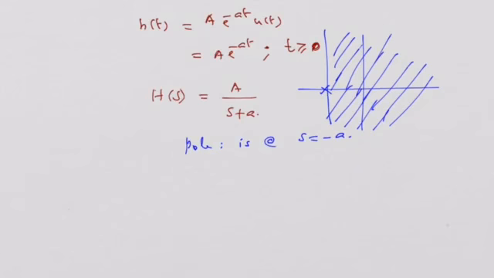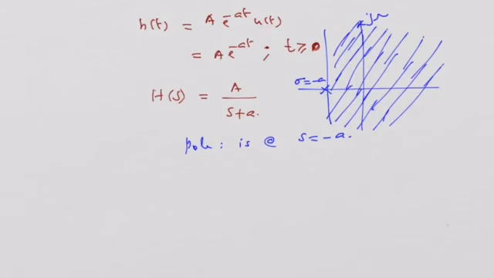You can notice that sigma is equal to minus a is the abscissa of convergence of the region of convergence. And the RoC includes the imaginary axis also.